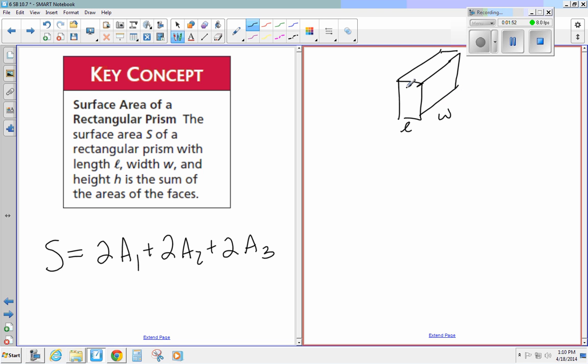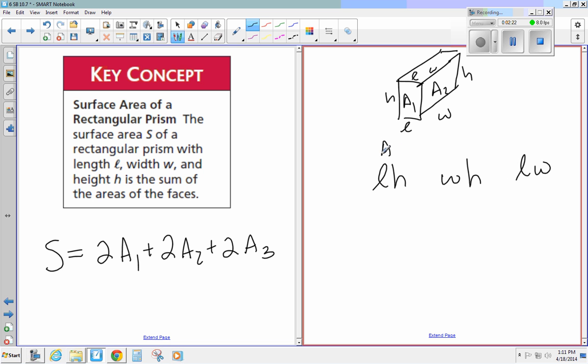You can also look at the fact that you have a rectangular prism with length, width, and height, and the front, area 1, is length times height. Area 2 is width times height. And then area 3, the top part, would be length times width. So it's all the different combinations, LH, WH, LW.